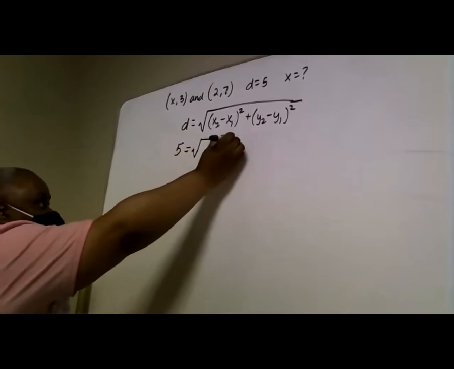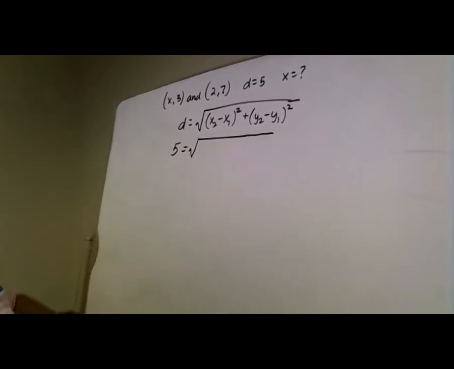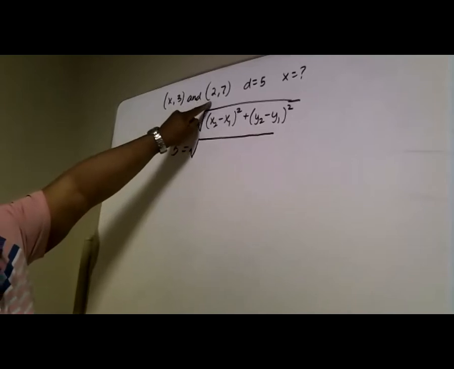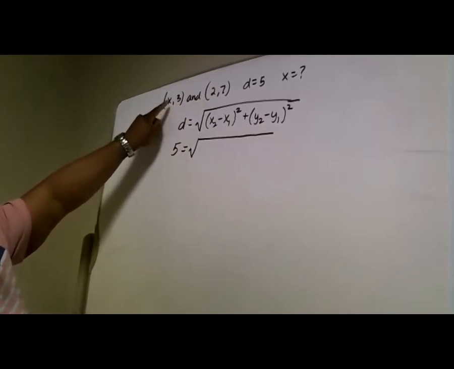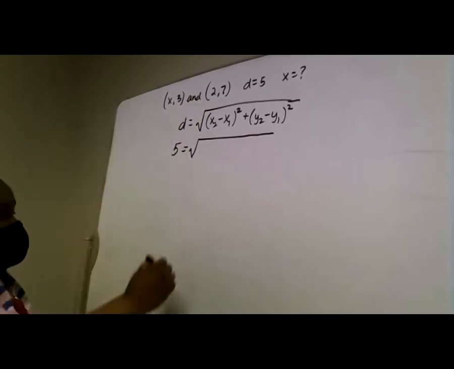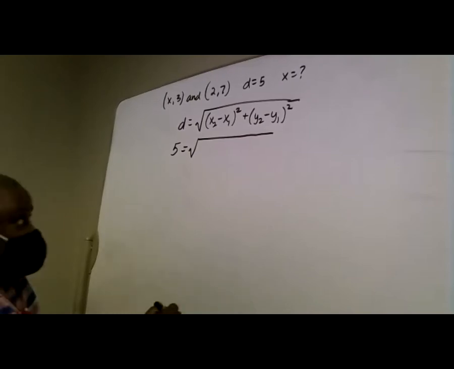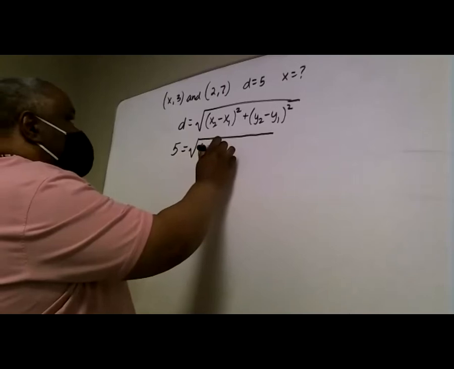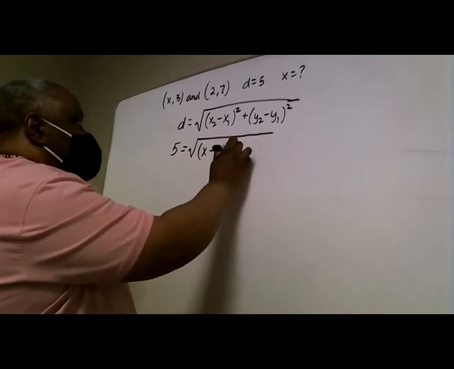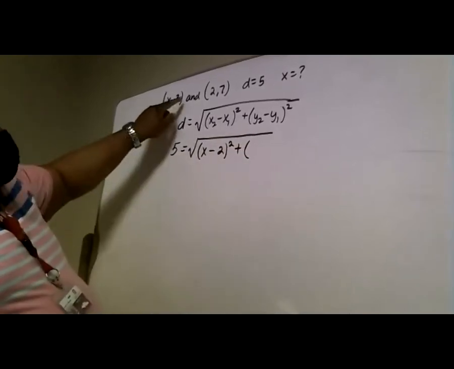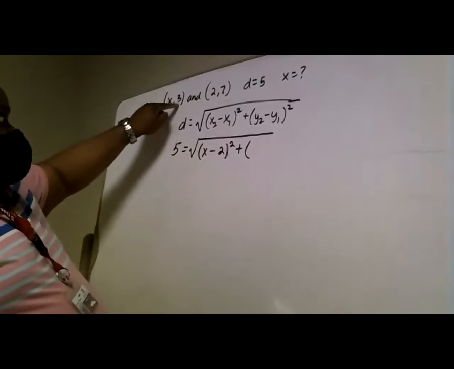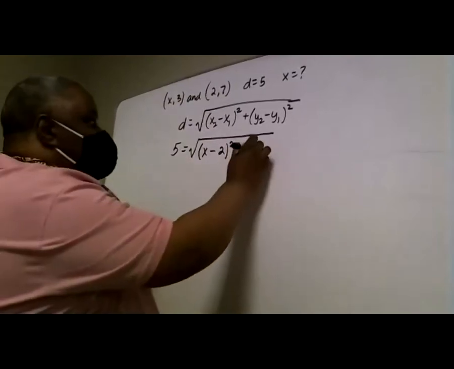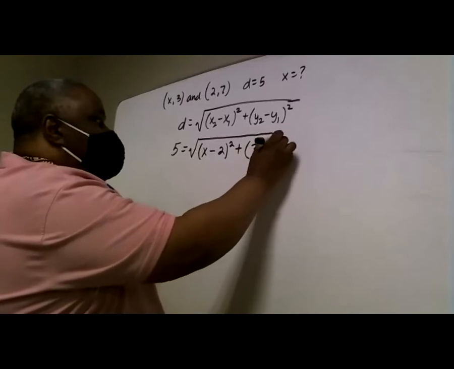And that's equal to the square root of x2 minus x1, this is going to be x minus 2, and that quantity will be squared, plus y2 minus y1, 3 minus 7, and that's squared.